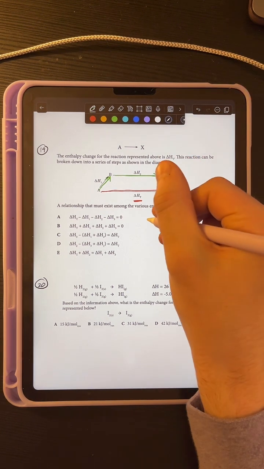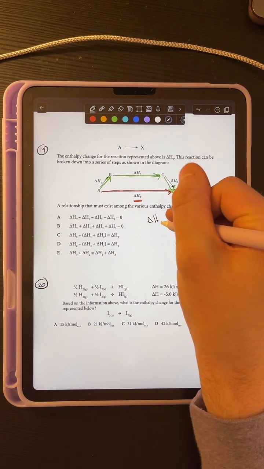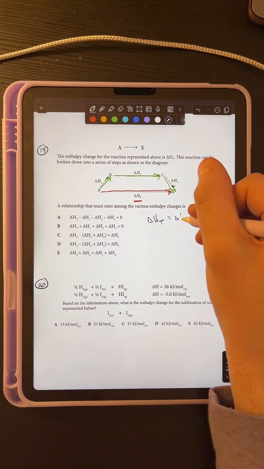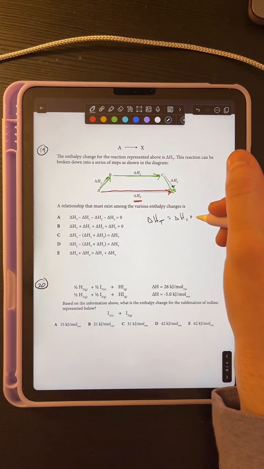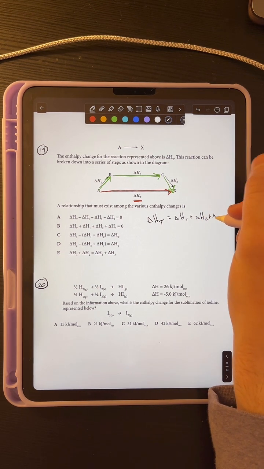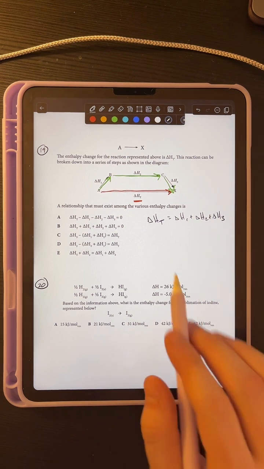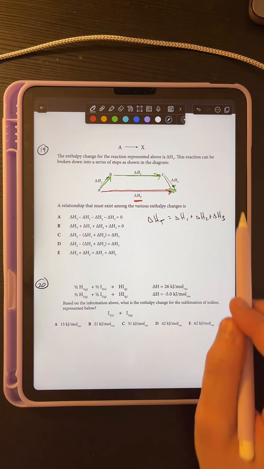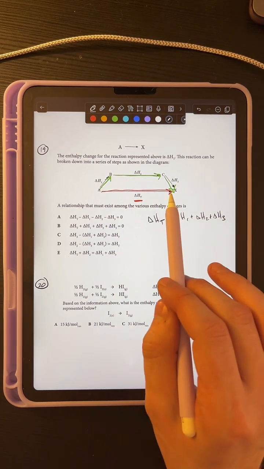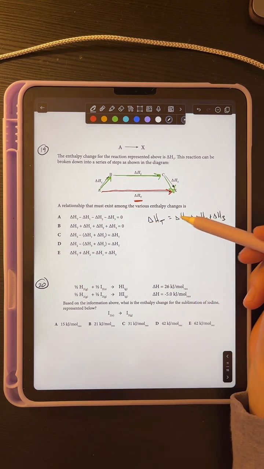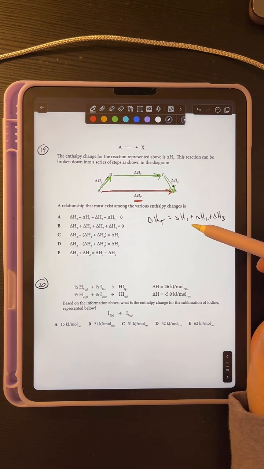We know that by Hess's law, the overall enthalpy of reaction equals the sum of delta H1, delta H2, and delta H3. So we have our total enthalpy equals the sum of all three of those pieces. Now, looking at our answers, I don't see one that equals this.